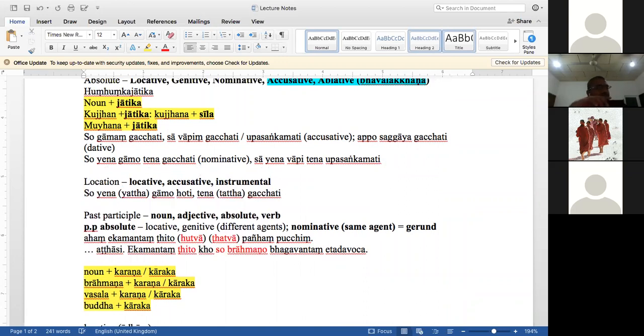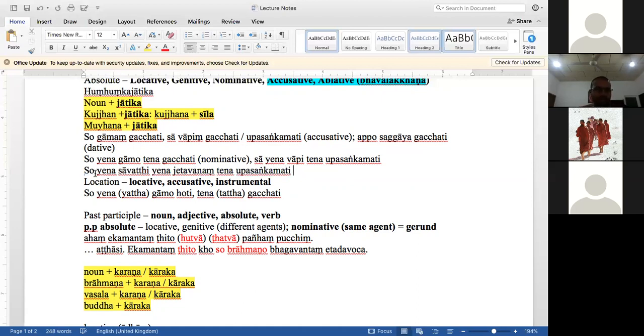So this can be extended. For instance, someone goes to Savatthi and then to Jetavana. In that case, we write yena Savatthi, yena Jetavanam, tena upasamkamati. You can see this in the Vinaya in some places.